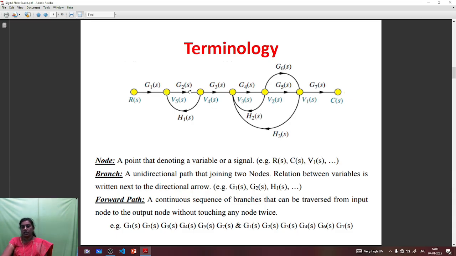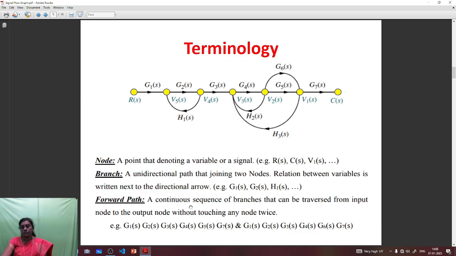This line is another branch which connects the node V5 of S and V4 of S. The relation between variables is written next to the direction of the arrow. So G1 of S represents the relation, written next to the direction of the arrow.